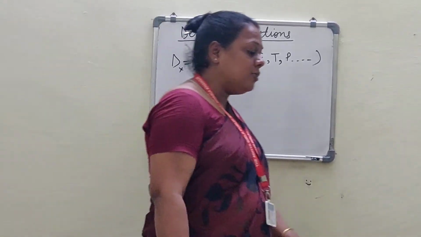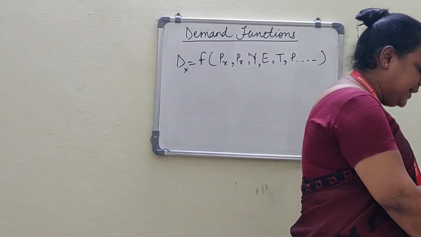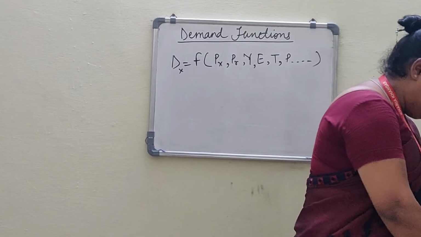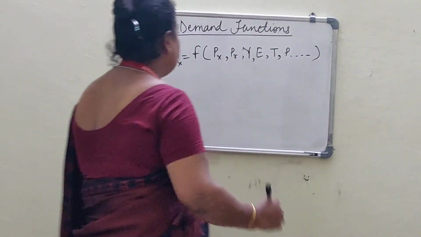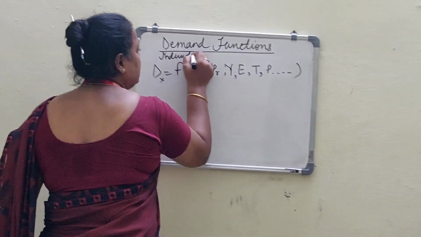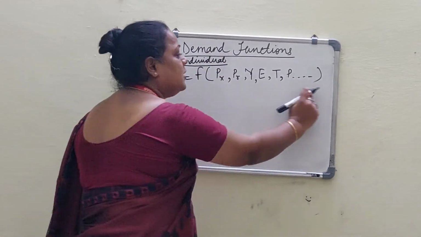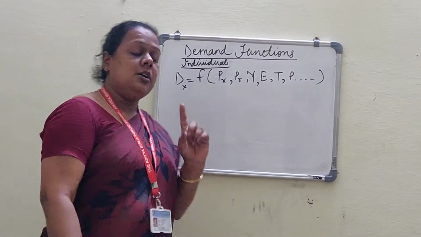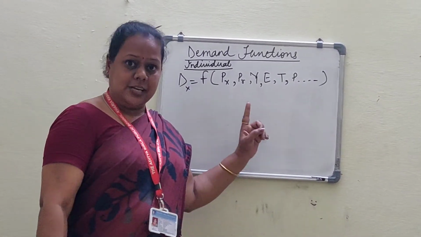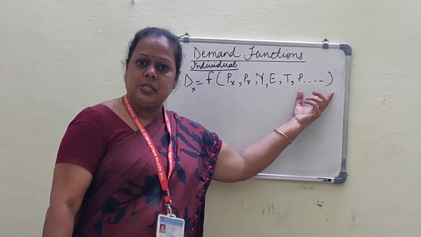Now when we talk about demand function, here also we divide the demand function into market demand and individual demand. This demand function is the individual demand function. That means individually any person's demand is functionally related to these things. Students, please pay attention here. The sequence of all these things should not be changed.